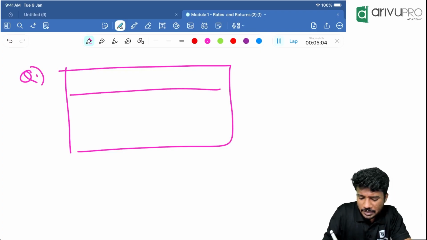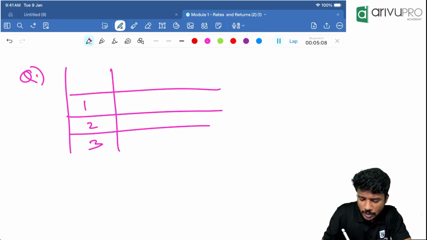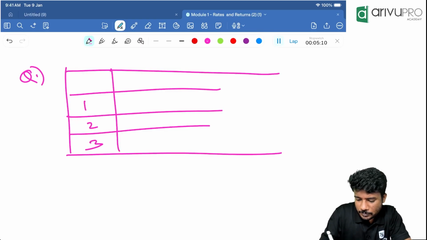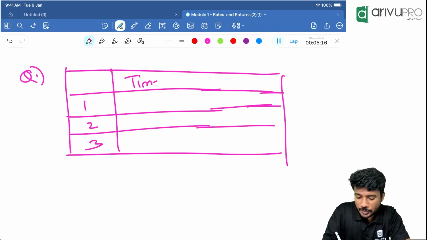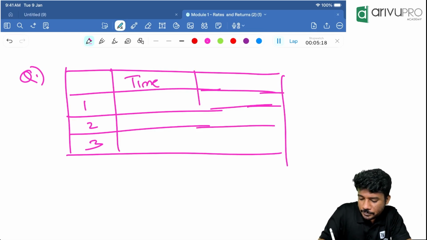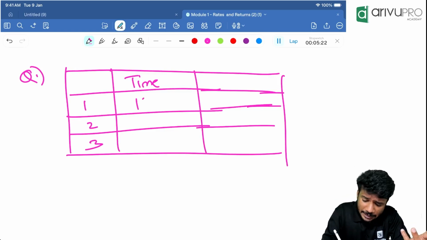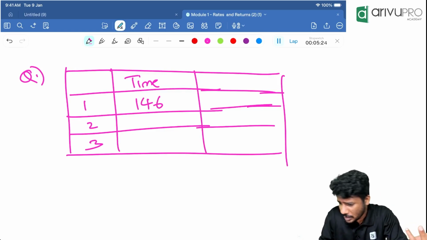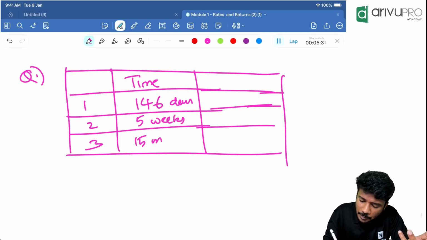So three things are given, and the time is also given. Since inception, I can take it as 146 days. Then 5 weeks, then 15 months.